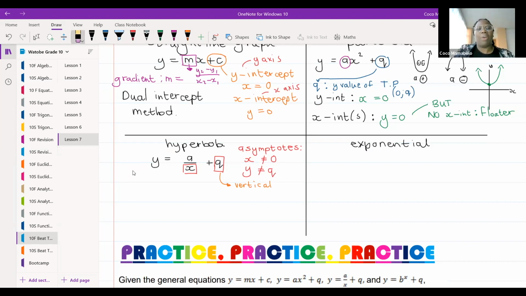The equations of our two asymptotes are x is equal to 0 and y is equal to q. We know that x is equal to 0 will lie on our x-axis and y is equal to q will lie on our y-axis. These are the things that my graphs cannot be at that point. So, the vertical shift.